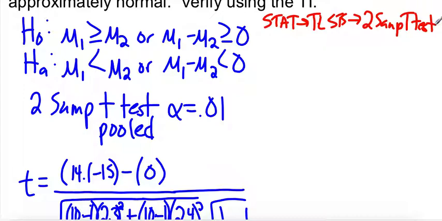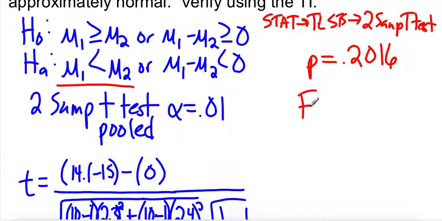Make sure you put that mu1 is less than mu2, and for pooled, you're going to type yes this time. When you do that, you'll hit calculate, and we are concerned about the p-value. So once you get that all in, p turns out to be 0.2016. We compare that with alpha, which is 0.01. Obviously, our p-value is not smaller than alpha, so this is a fail to reject, which is what we got by hand as well.